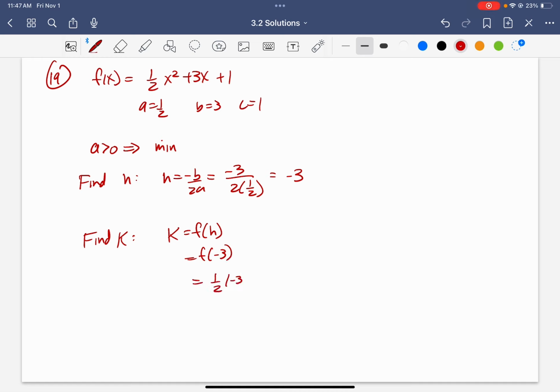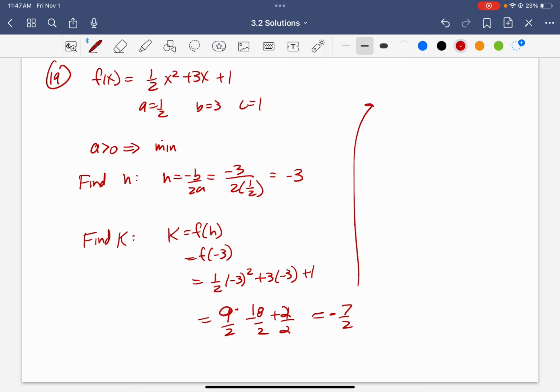So it's 1/2 negative 3 squared plus 3 negative 3 plus 1 is positive 9/2 minus 9 plus 1. But negative 9 is just negative 18 over 2. And 1 is just positive 2 over 2. So I have 11 minus 18 is negative 7/2.